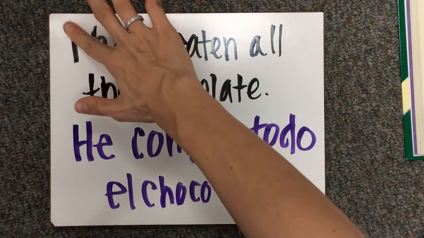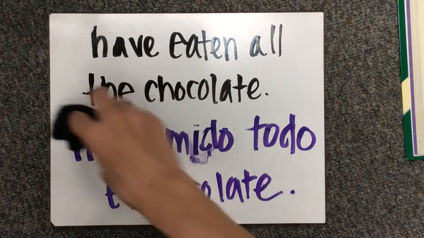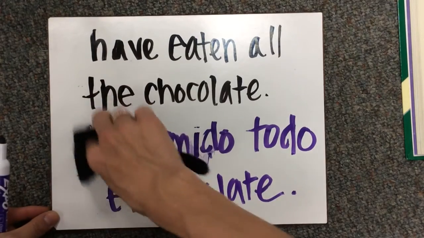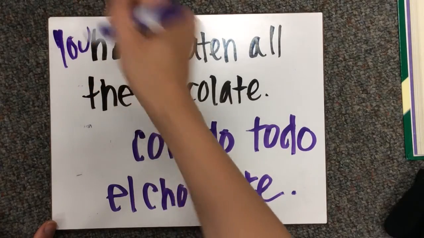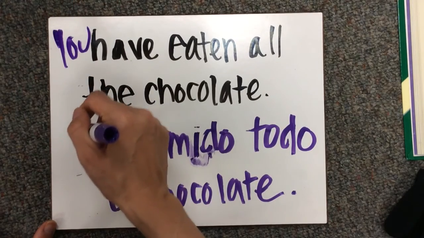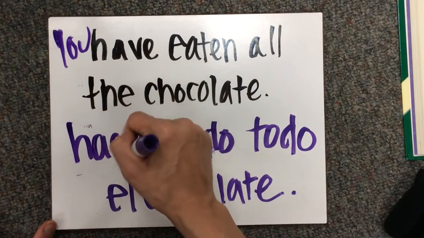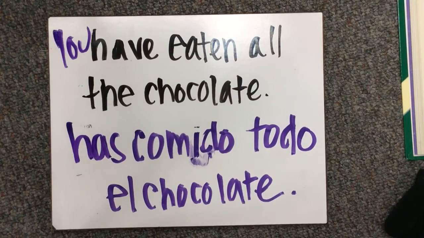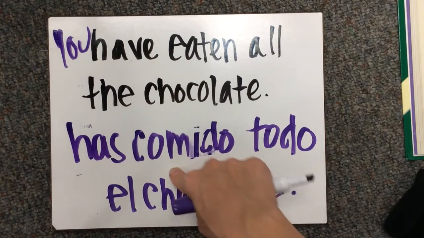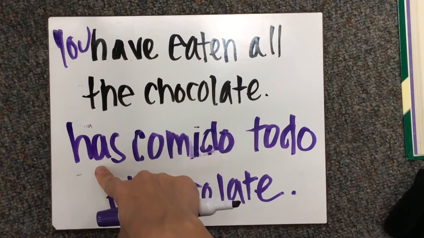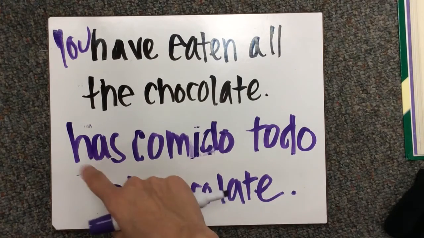Now, let's say I just want to change the subject. It's super easy. And I want to say, like, you have eaten all the chocolate. Has comido todo el chocolate. So again, the participle does not change. Just the auxiliary verb does.